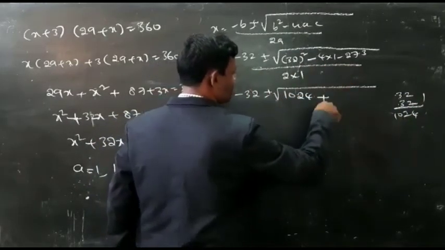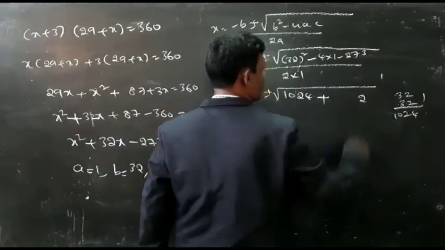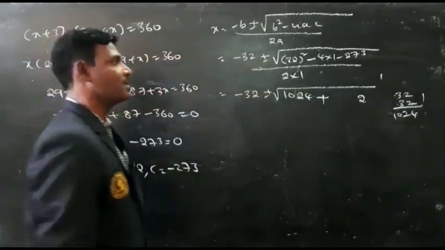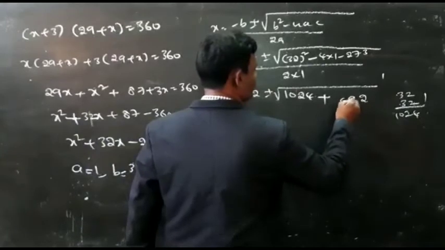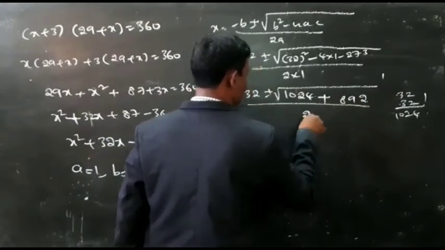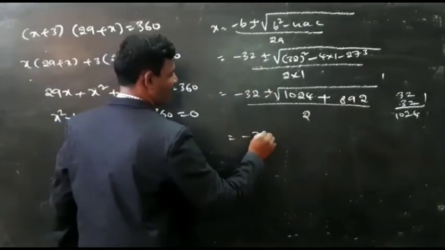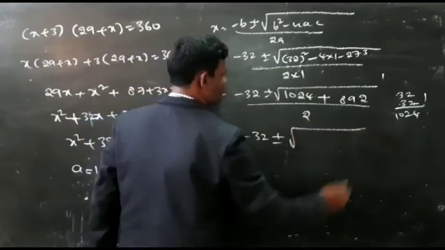Minus into minus is plus. 4 threes are 12, 4 sevens are 28 plus 1, 29.